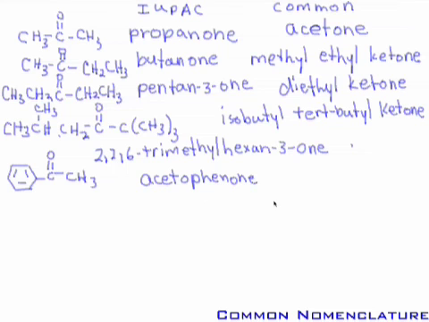And as I stated, its common name is methylphenylketone. And you say, well, didn't you just call acetophenone the common name? Some molecules have more than one designation that was commonly used, and some of those become the IUPAC designation.